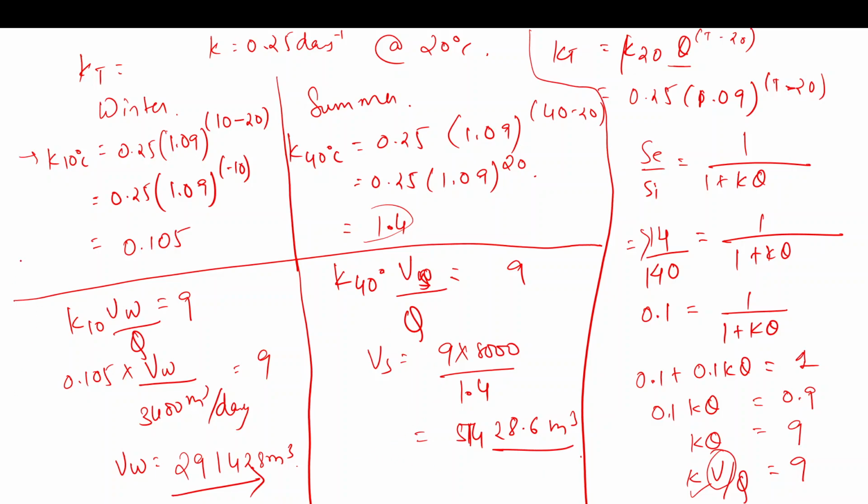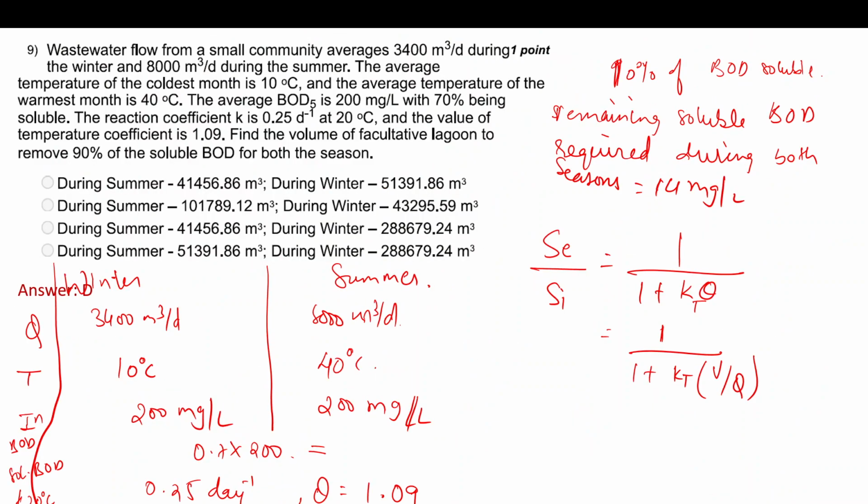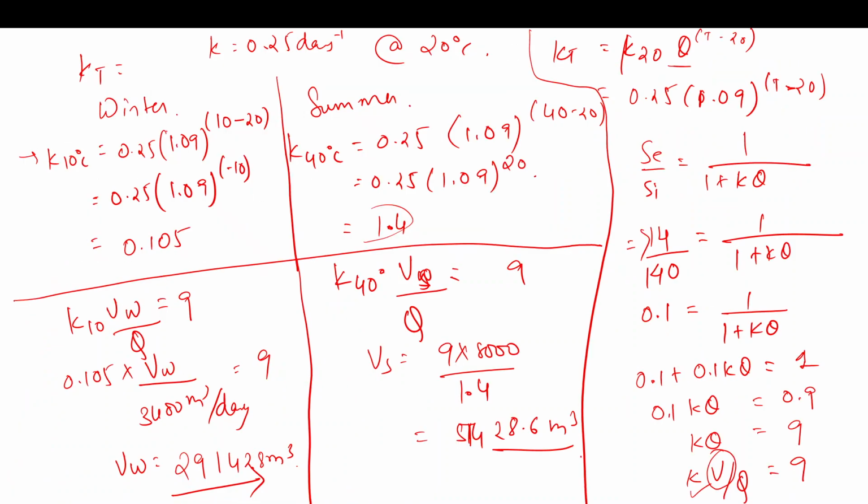We can say that the lower the temperature, the lesser will be the rate at which degradation can occur, or the lesser will be the activity of the microbes. So here option D is the correct answer, which matches what we are getting. I hope you are getting these answers.